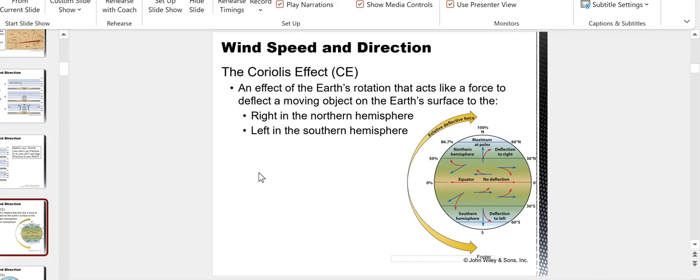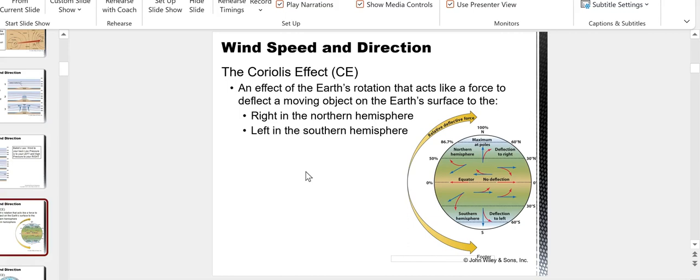All this goes to say is that the Coriolis effect is what happens to something that's moving on a moving object. What does that mean? The earth is always moving. Do we feel like we're on a roller coaster ride? No, we don't. We don't feel like we're moving, but the earth is in constant motion.